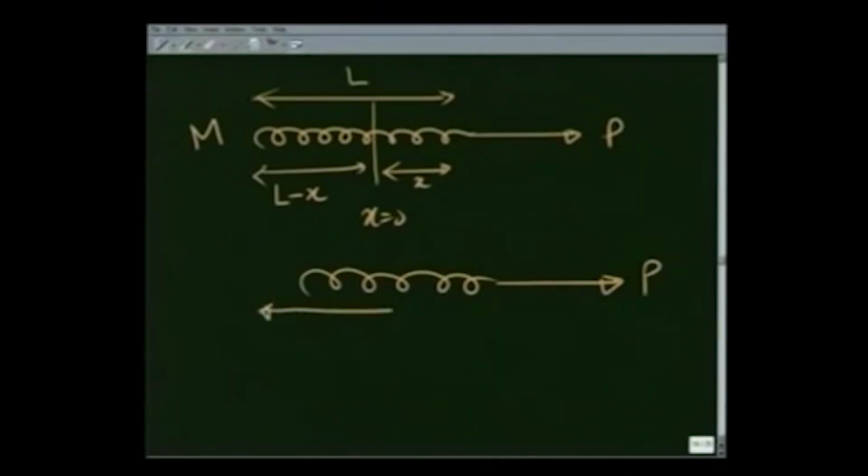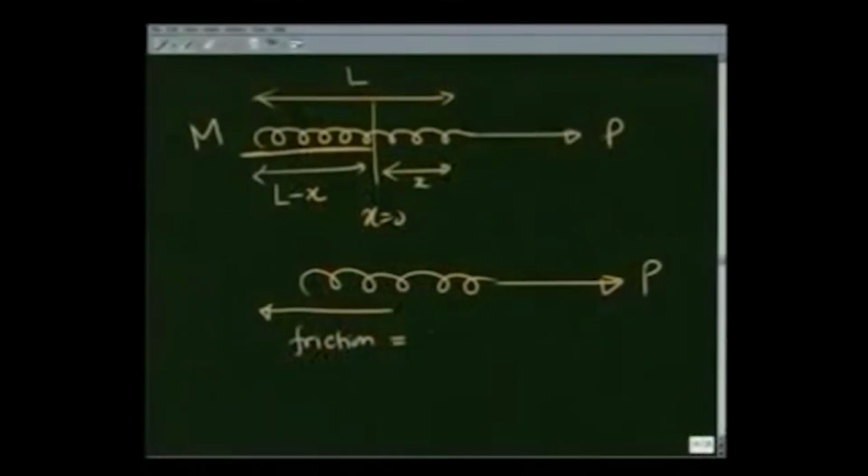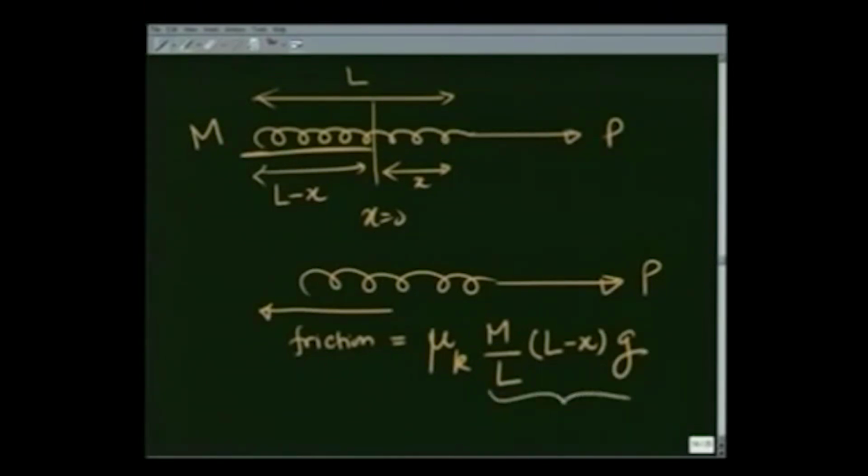There is frictional force, but the frictional force acts only on this part, and since it is moving, friction is going to be at its maximum, mu kinetic times m over L minus x, that is the mass of the part in the rough, times g. This whole thing is the normal reaction on the part on the rough.